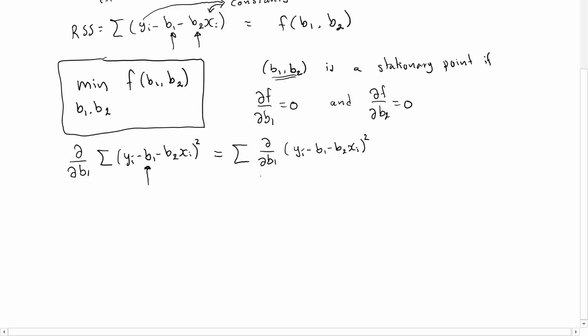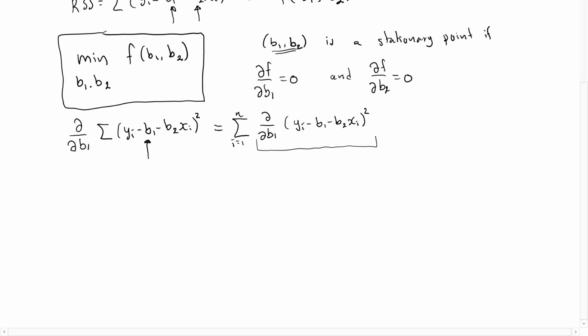So now let's focus on these derivatives. There are n of these derivatives because this is indeed a sum from 1 to n. So this is basically the derivative of some expression squared. That is, we can view this expression that we need to differentiate as a composite function. The outer function is just this square thing, and the inner function is the thing inside the parenthesis. So that's the smiley face, that's the inner function.